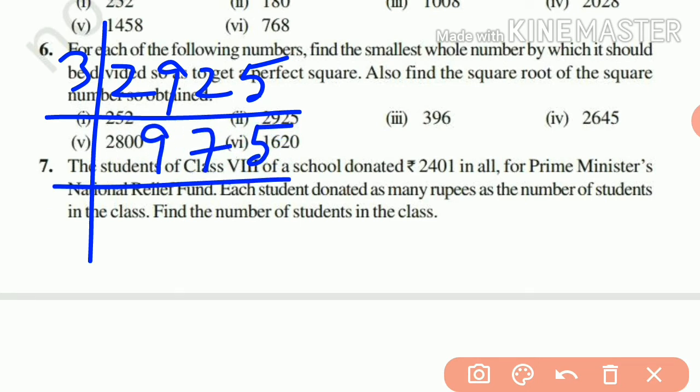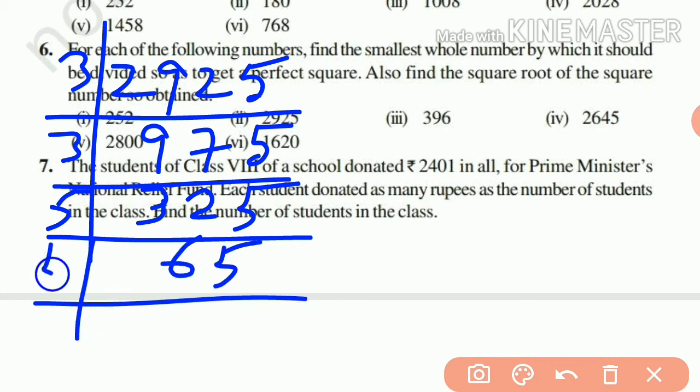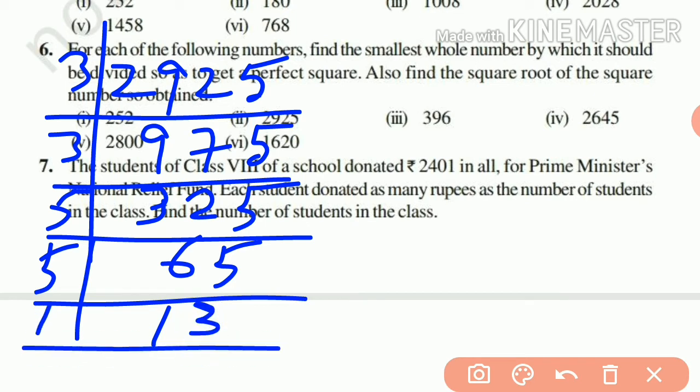Again by 3, 3 times 3 is 9, and 3 times 2 is 6, 3 times 5 is 15, so we get 325, and again by 5, 5 times 6 is 30, 5 times 5 is 25, we get 65, and again by 5, 5 times 1 is 5, and 5 times 3 is 15. So now divided by 13 and it becomes 1.